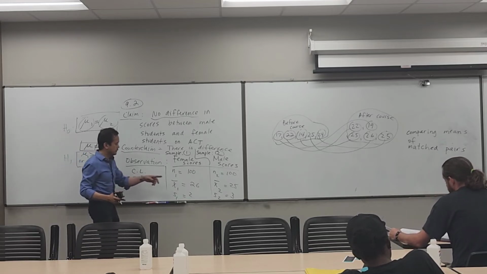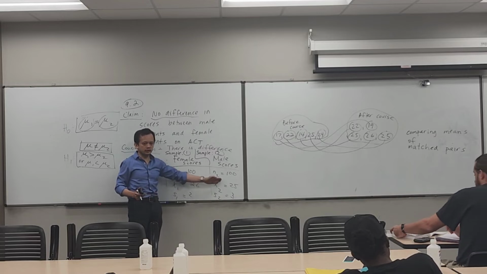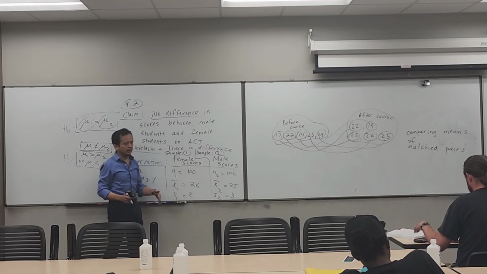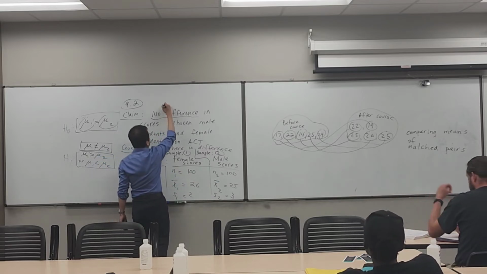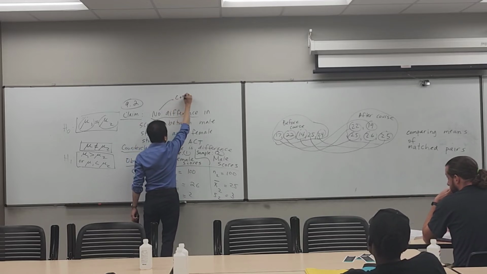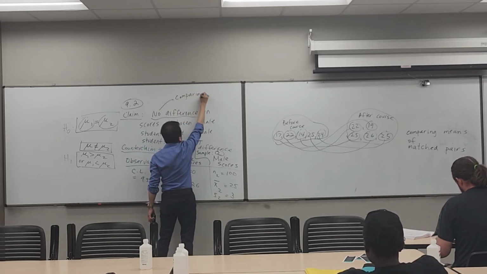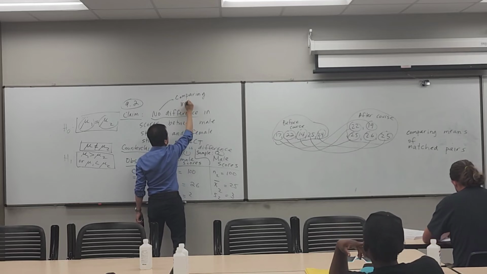So in the previous example, all we did was compare the means collectively of the two groups, and you can think of that as comparing independent means.